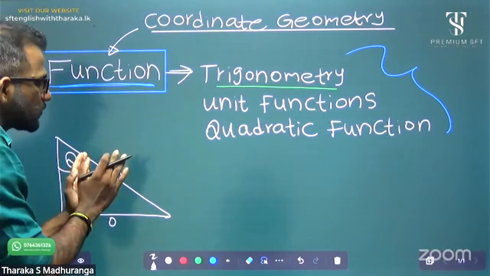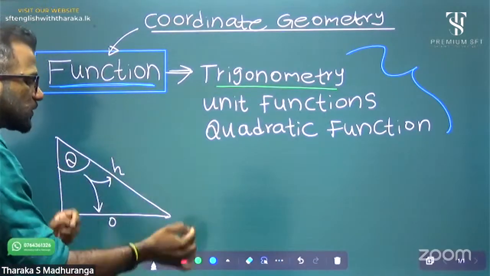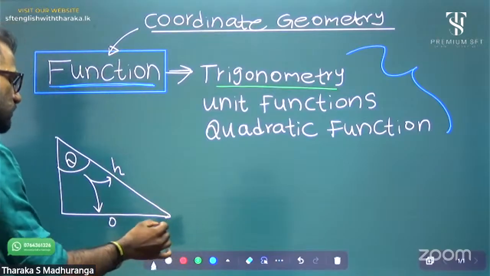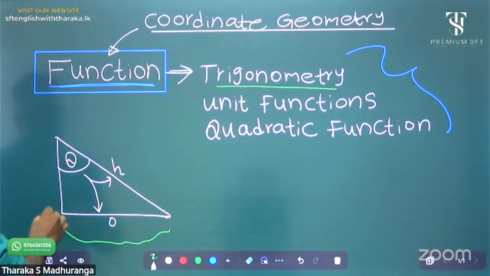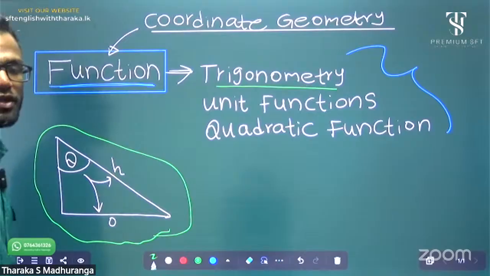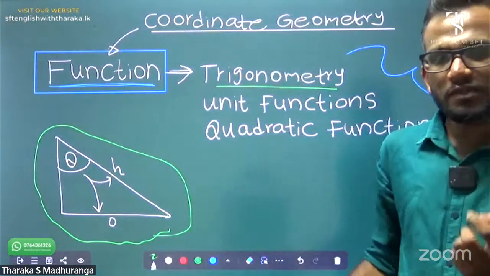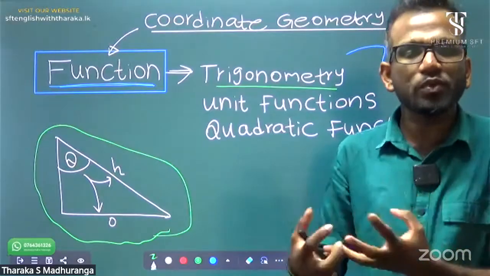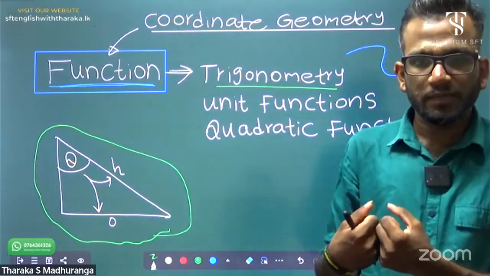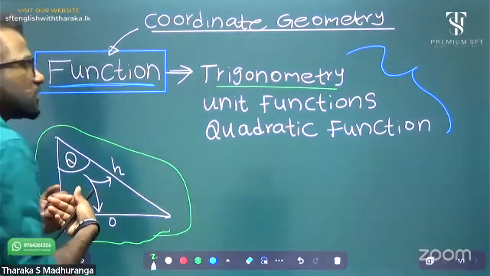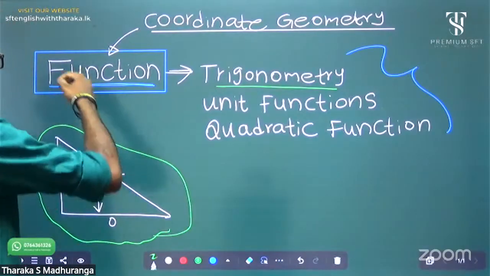Okay, now you can understand what function means. A function means any relationship between two or more factors. Mathematically, a function is a relationship between two or more factors. Understood?